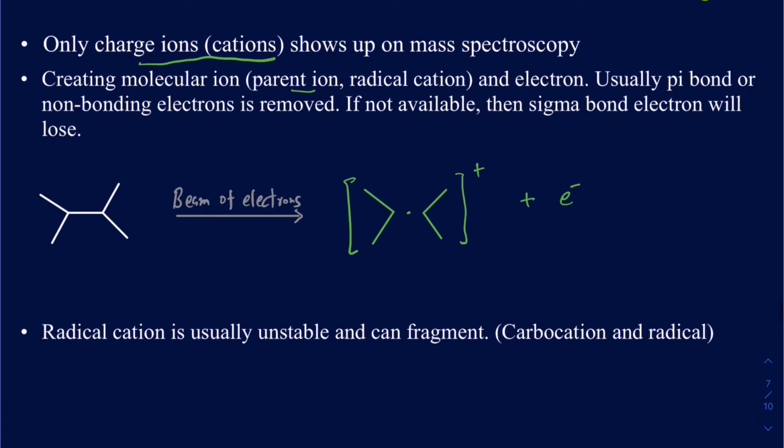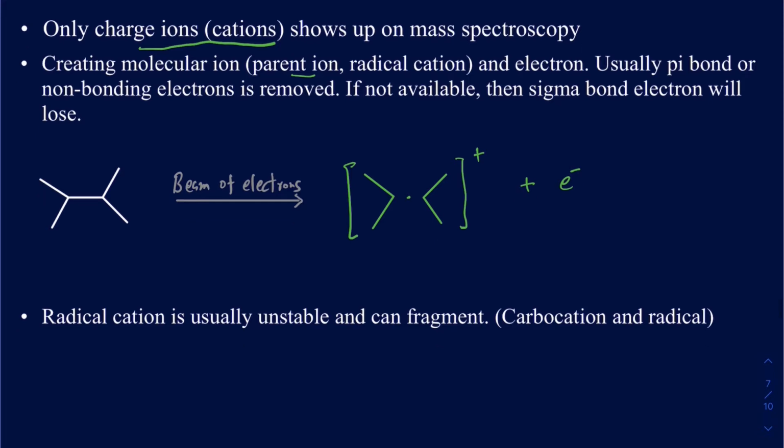So some books may show it like this, where they show one of the bonds being broken, having only one electron left and the other electron gone, and the molecule will have a positive charge as a result. But some books may just show that I'm losing an electron from any of the sigma bonds, so it doesn't really matter which one you pick. So I'm not really going to show which one I'm breaking, but I'll show that I'm going to have a radical left, and that radical is going to have a cation, and obviously an electron gone away.